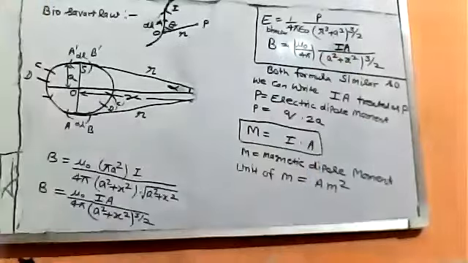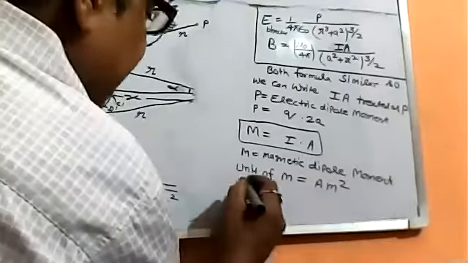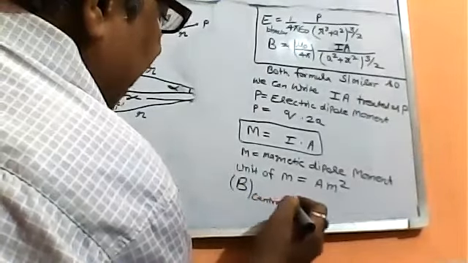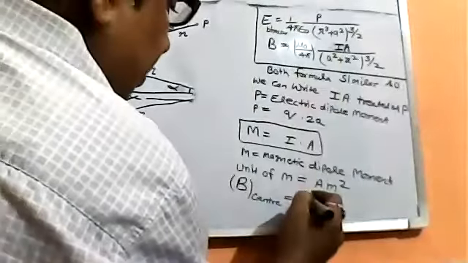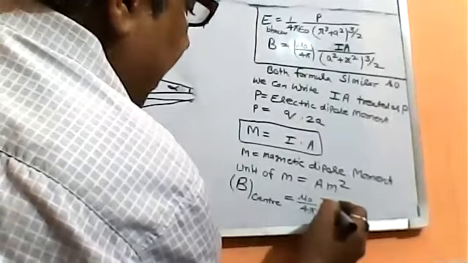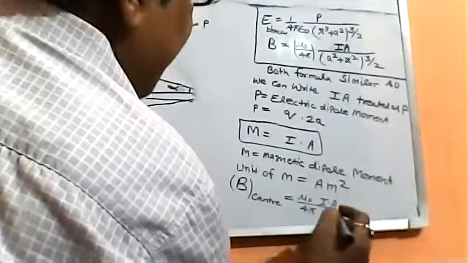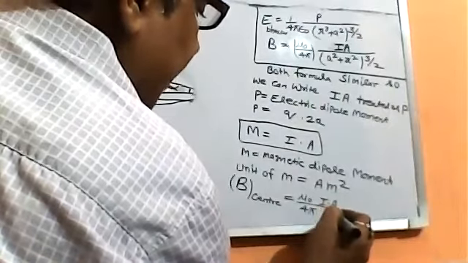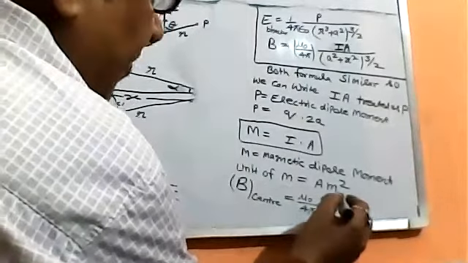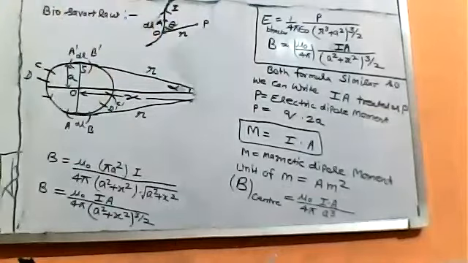So what formula will you get? A cube. Mu naught upon 4 pi. Again I am writing B center, and this formula was for B at any point. B center will be mu naught upon 4 pi, IA divided by A cube. Clear? Now write back the formula of area: area A equal to pi A square.